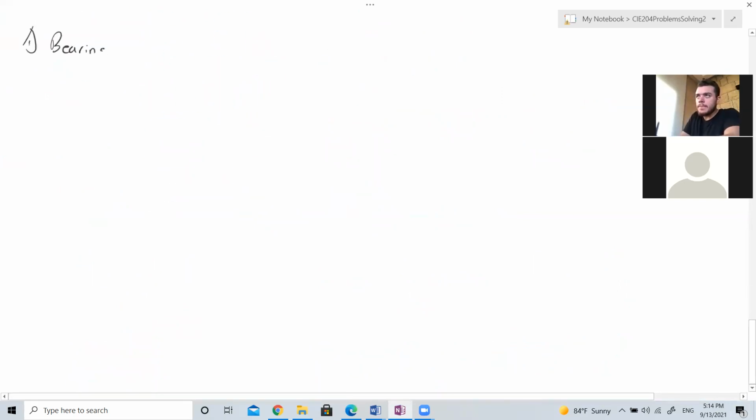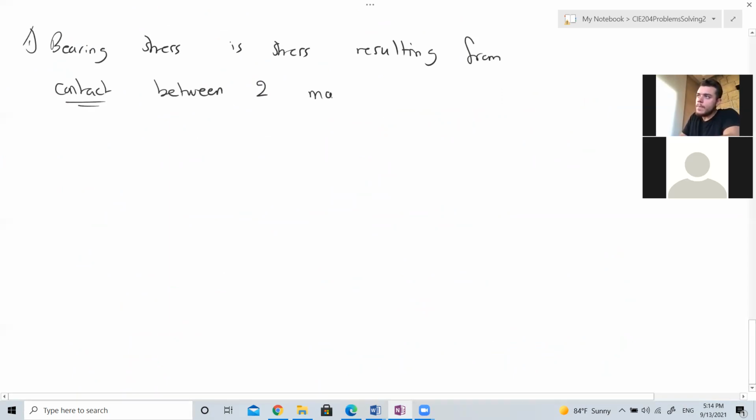Bearing stress is stress resulting from contact between two materials. يعني هون اذا بتشوف يا حسن عندك الماتيريال تبع البليت، ما هيك؟ sitting on the concrete.